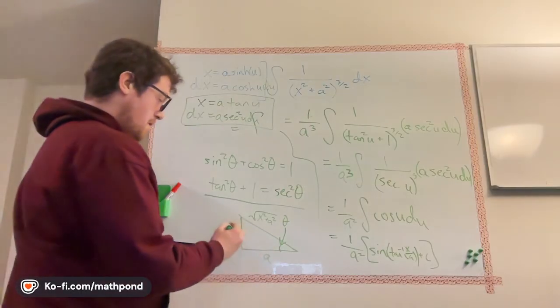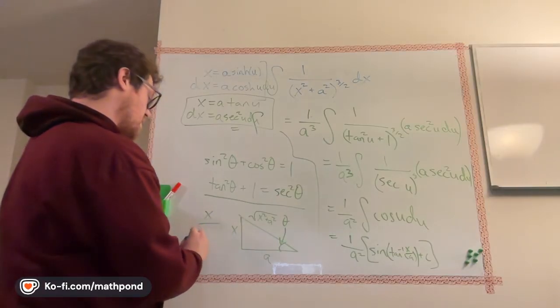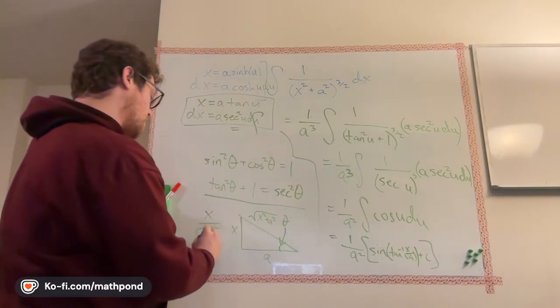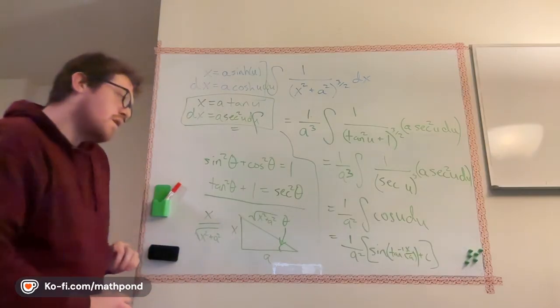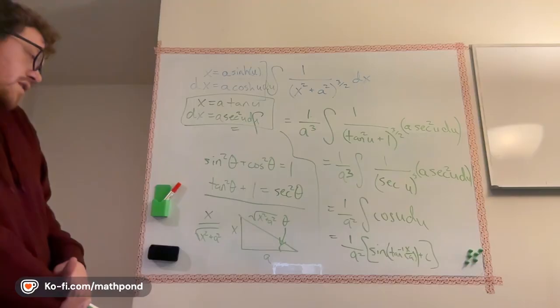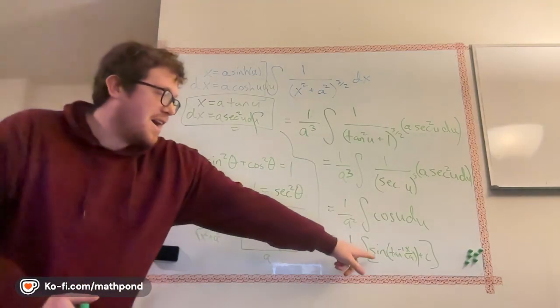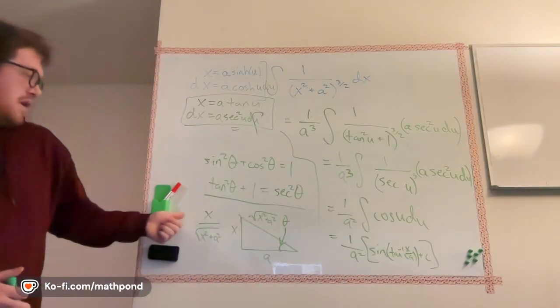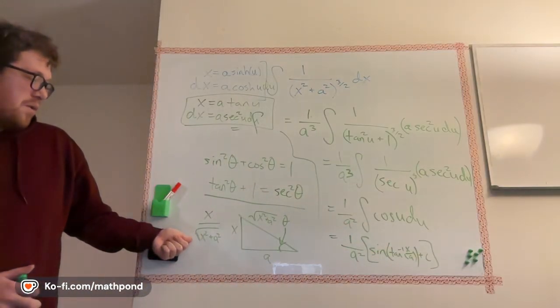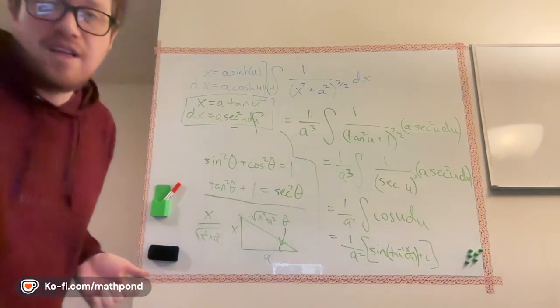Yeah. So that sine should be x over square root of x squared plus a squared. I think that's right. And then that should be the final answer. So just replace sine of arctan of x over a with x over square root x squared plus a squared, assuming I didn't do anything wrong.